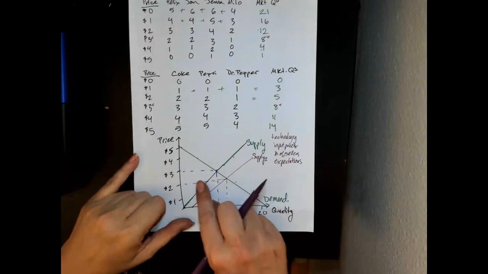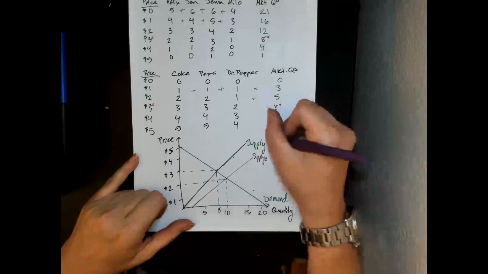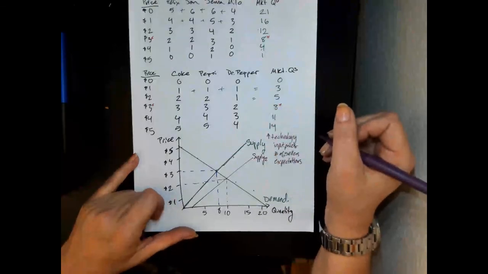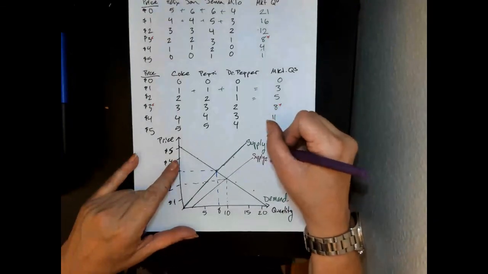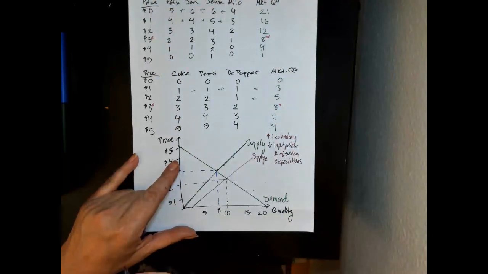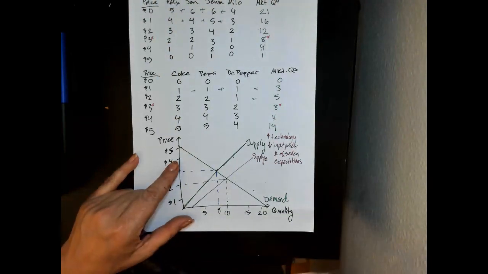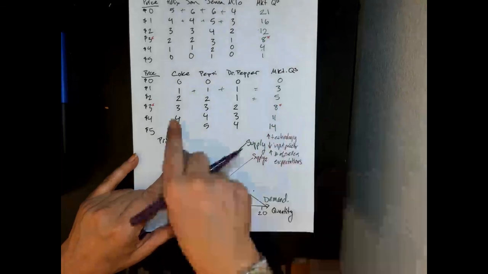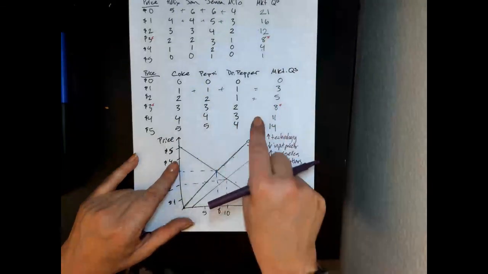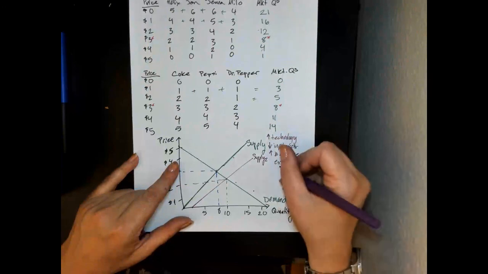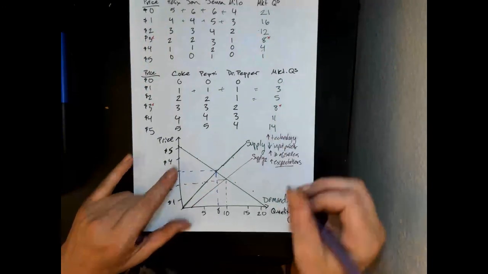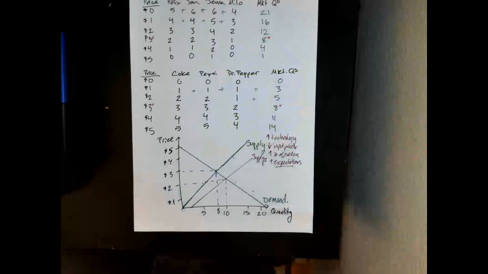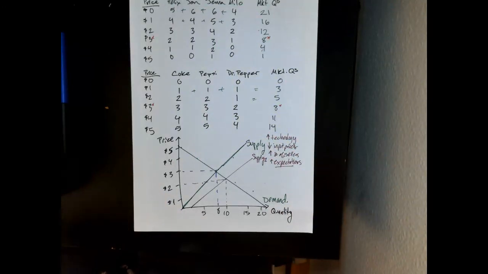And so if we want that outward shift, we're going to need either an increase in the technology associated with making sodas, a decrease in the input prices of carbonated water or caramel coloring, something that's in all these sodas, an increase in the number of sellers, so maybe it's Coke, Pepsi, Dr. Pepper, and Mountain Dew, or some kind of change in expectations, some increase in expectations that makes producers want to produce more. Any answer that gets you there works.